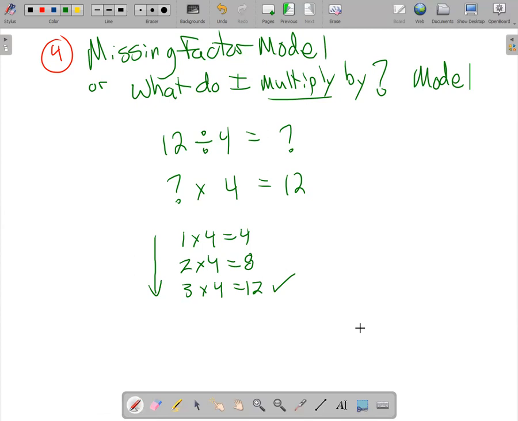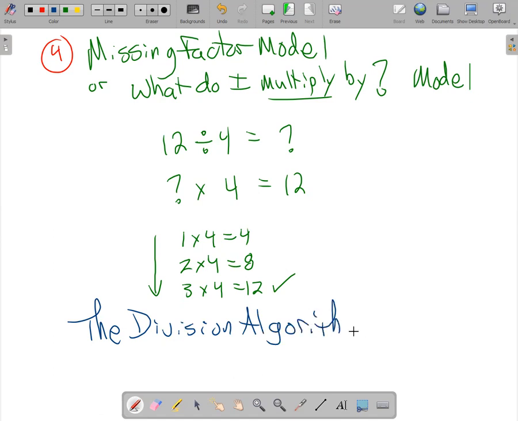And it turns out there's a related thing to this. There is a thing called the division algorithm, which I wouldn't go over with kids, but I'm going to go over with you guys.